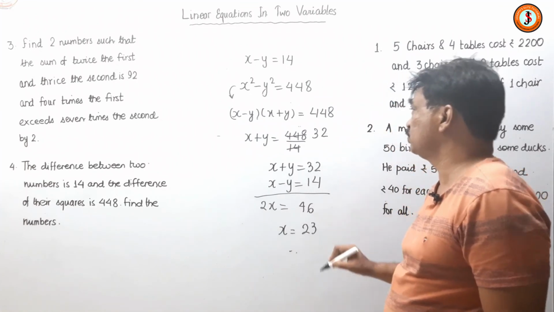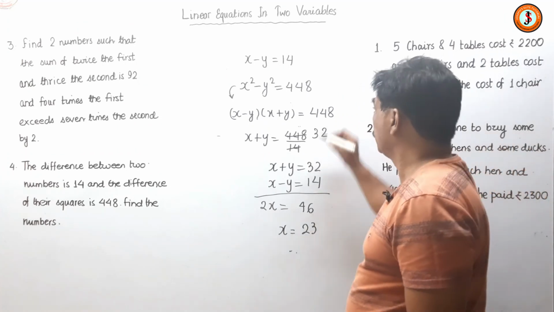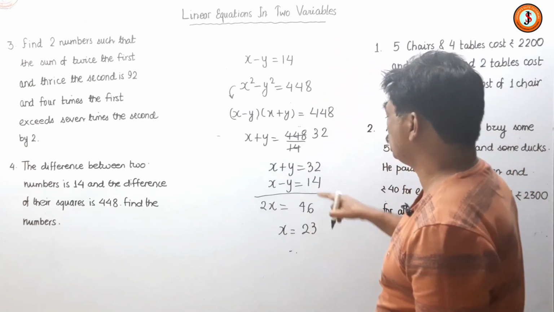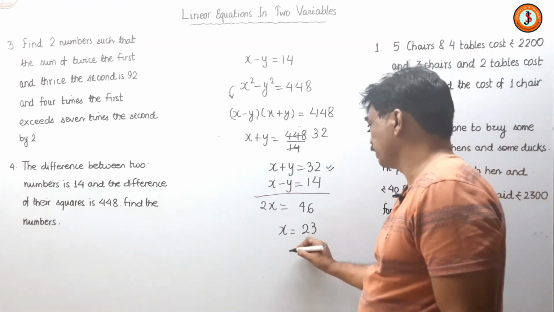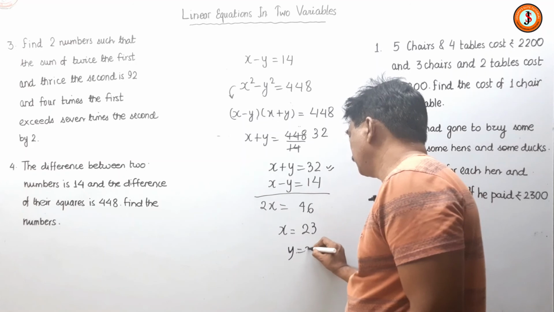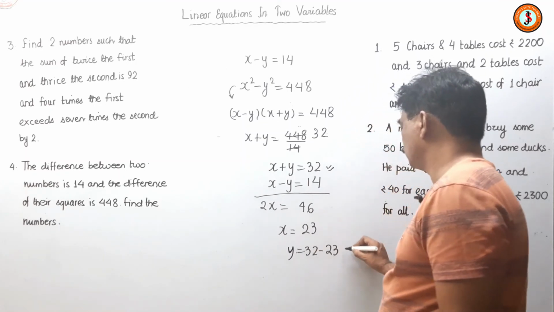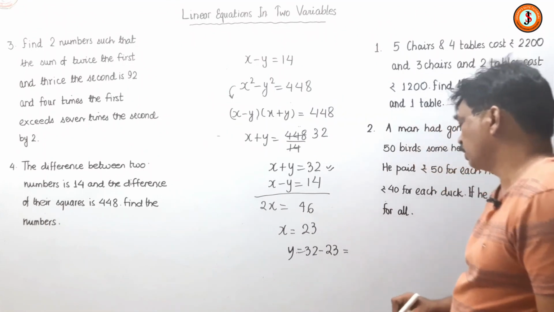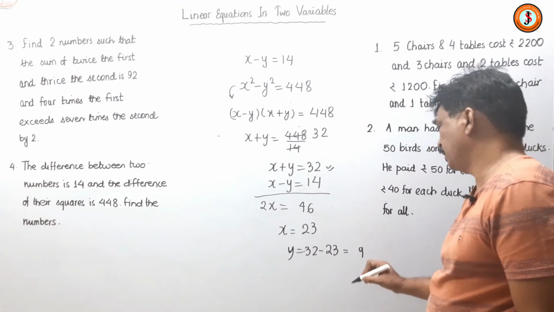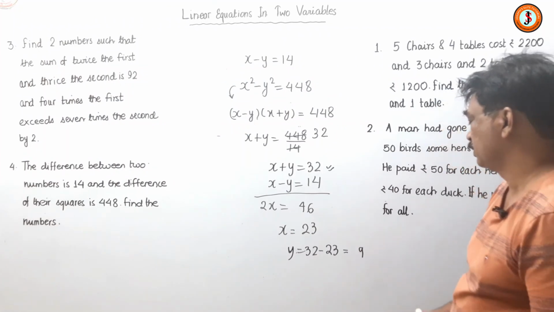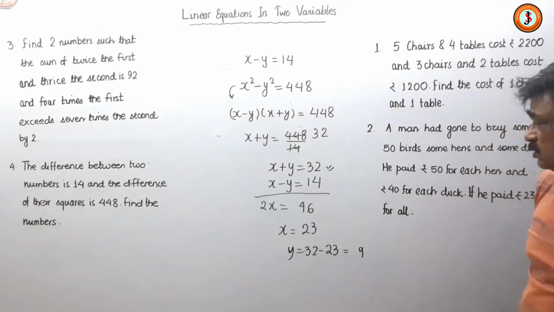And if x is equal to 23, then y will be equal to, now we know that x plus y is 32. That means y will be equal to 32 minus 23. So that is how much? 9. So y is 9.